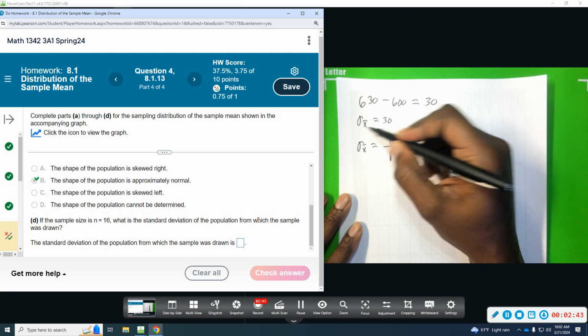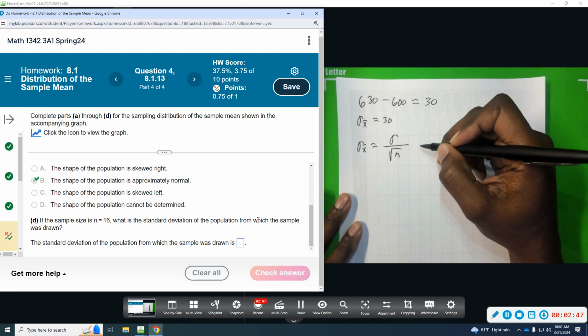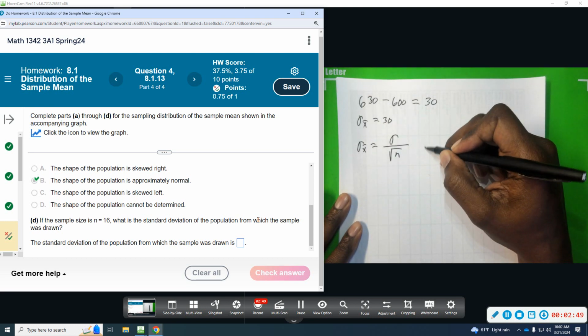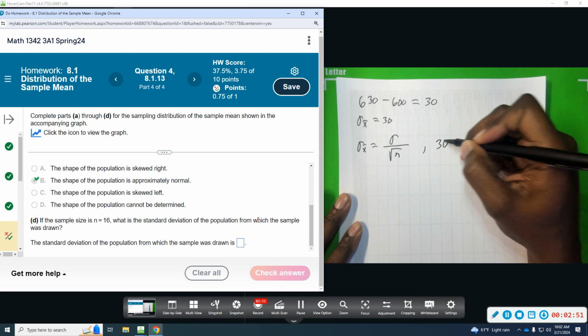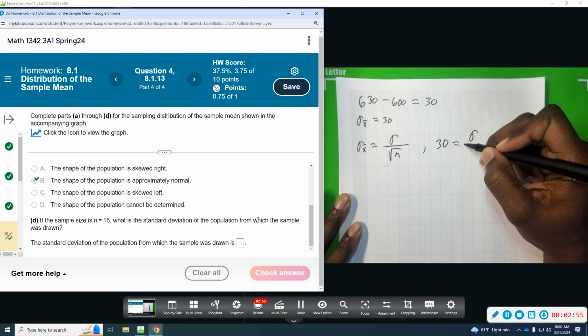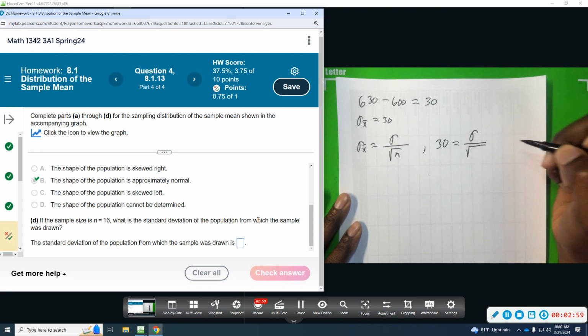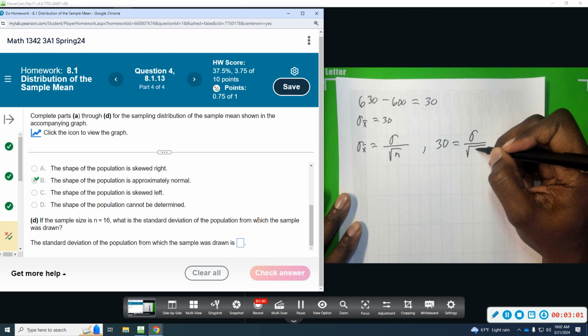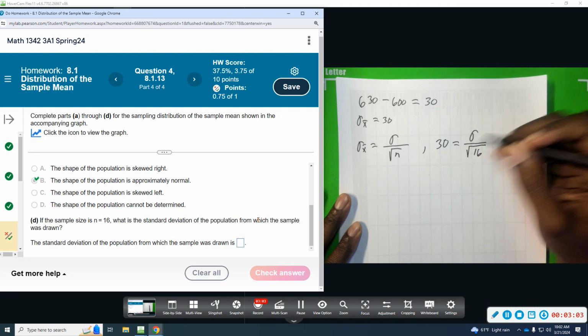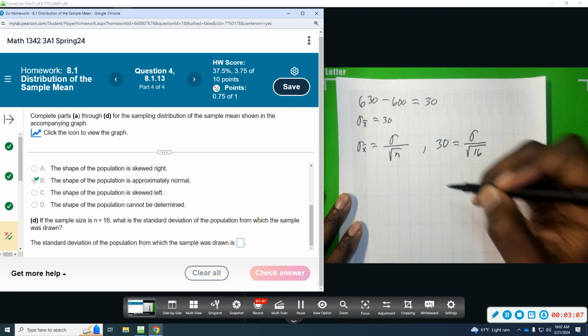Now we know that the sampling standard deviation is 30. So if I rewrite this, 30 is equal to the population standard deviation divided by the square root of the sample size, and we know the sample size, it is 16. So if we work backwards, we can figure out sigma.